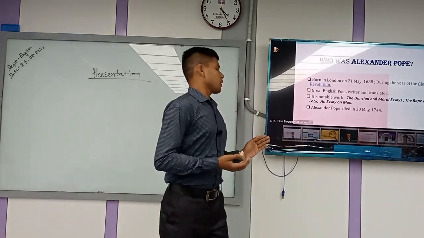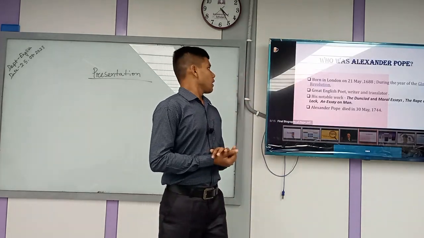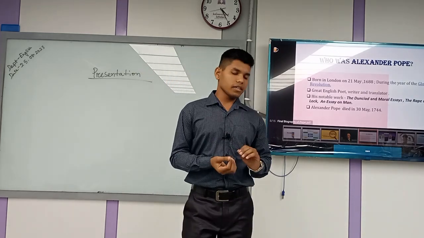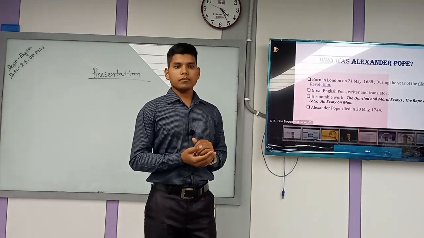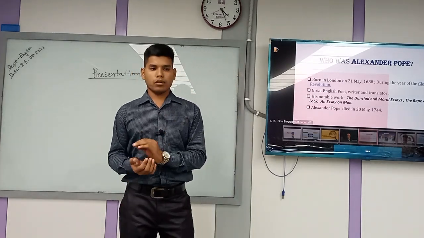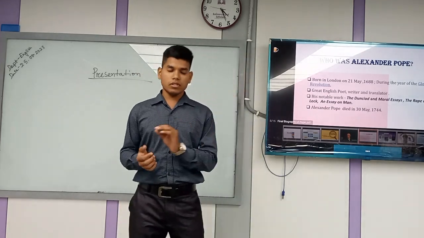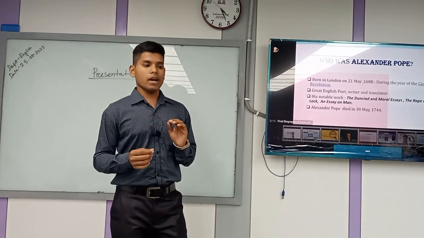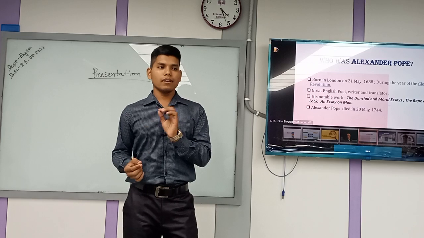Now, coming to the point of his literary career. In his early age, Alexander Pope began his literary career in 1704. After 5 years, he attracted attention with his famous Pastorals. And after 2 years, he was working on his famous and ambitious project, An Essay on Criticism, in 1711.